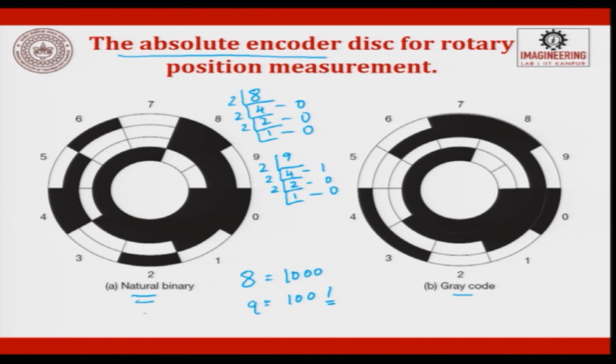So, when you want to convert a number into binary, you do like this, and here ones and zeros are nothing but the zeros are the dark region, 1 are the transparent region. When the light is passed through, according to this you will have 8 tracks or 4 tracks. These tracks are further divided into sub-segment tracks.